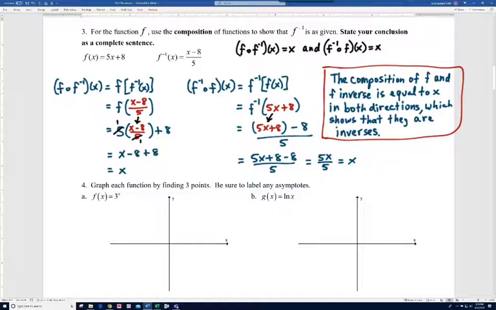So I know exponential functions that have a base greater than 1 are going to go through 1, 0, and we're going to have exponential growth with an asymptote here. And so hopefully you already have a feel for what this graph's going to look like, and we just need to get 3 detailed points.